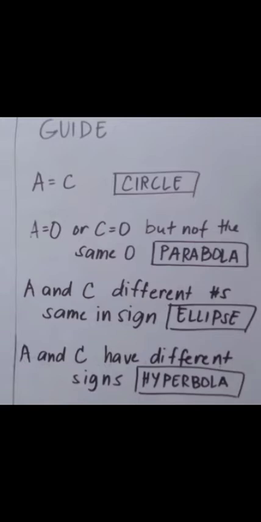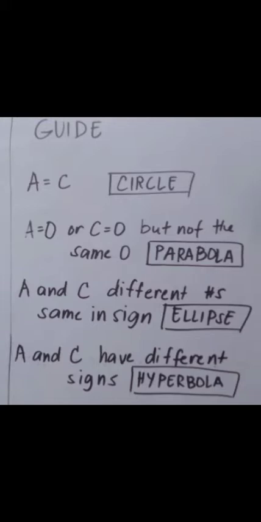So last meeting we discussed classifying conic sections. In classifying conic sections, we have a guide wherein if A is equal to C, meaning the coefficient of x squared is equal to the coefficient of y squared, then that equation forms a circle.